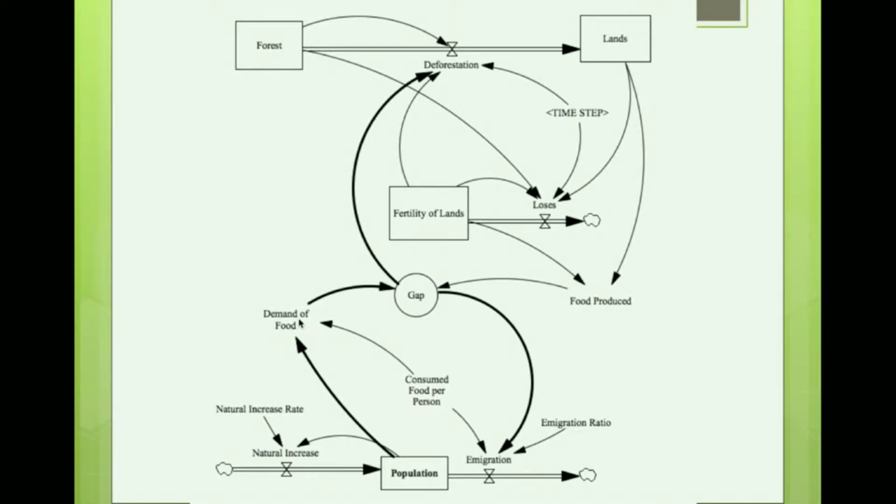This availability of food may drive migration. Now let's see where this food comes from. The Mayas converted forests, which is one of the stocks in this model, to lands. They did deforestation, and they converted forests to lands for agricultural production.